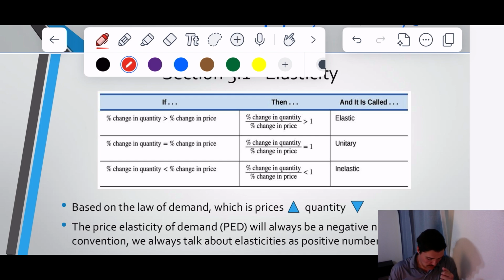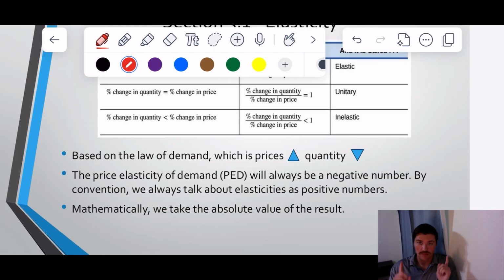All right. So, based off of the law of demand, it is very important to note that because prices are higher, quantity is lower, we are always going to get a negative number when we calculate elasticity of demand. So what we like to do is use positive numbers to make sure there's no confusion. For instance, you would think negative 0.5 is inelastic because it's less than 1, and that's true.